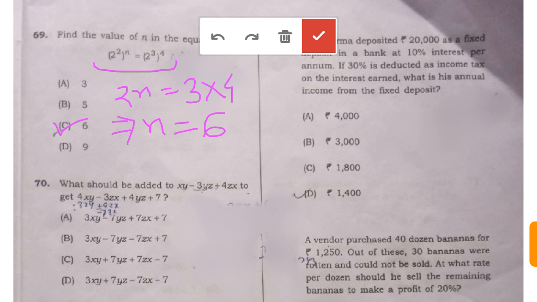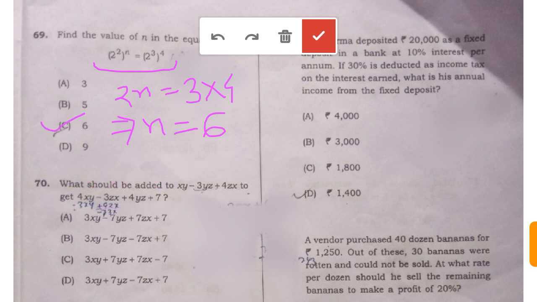Question number 70. What should be added to xy minus thrice yz plus 4zx to get 4xy minus thrice zx plus 4yz plus 7? Here we have to subtract the first expression from this one, then we will get the answer. Okay, I will show you how to solve this.